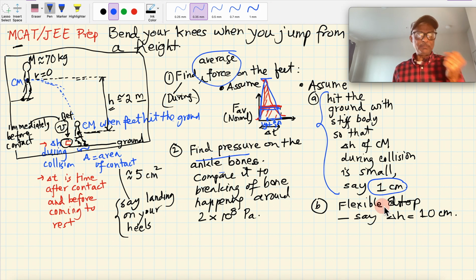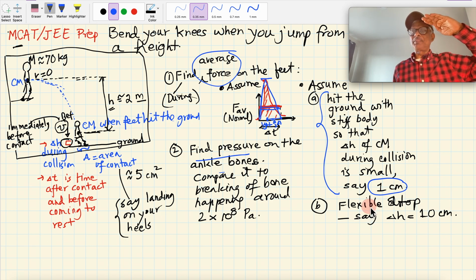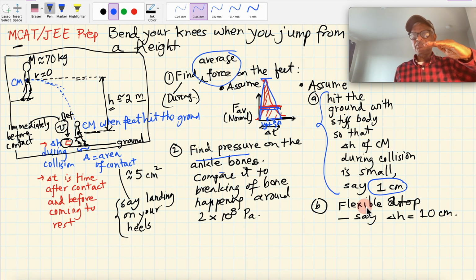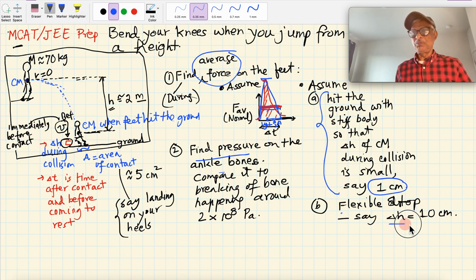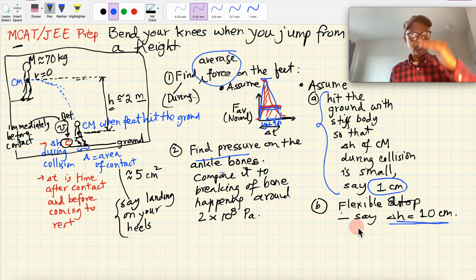Another one is you're a little bit flexible and agile, and the moment you touch the ground, it's natural for humans and all animals to slow their body, bringing the body to rest at a lower center of mass. Say your delta H was 10 centimeters, your center of mass moved that much. This is during the collision. So let's do out these two assumptions.